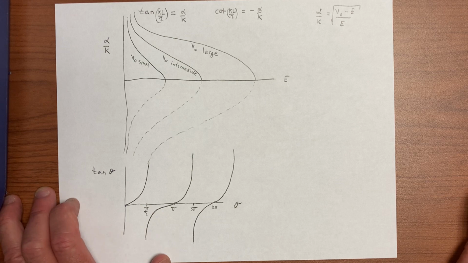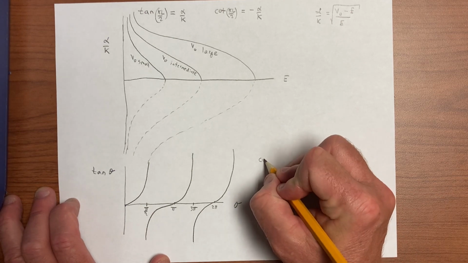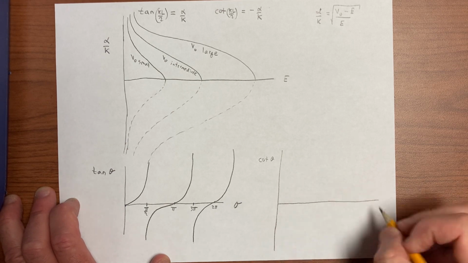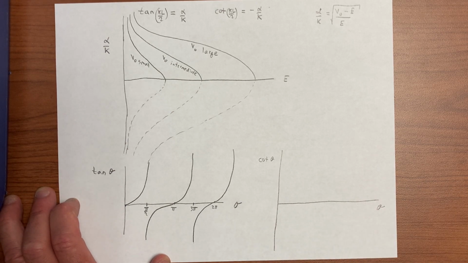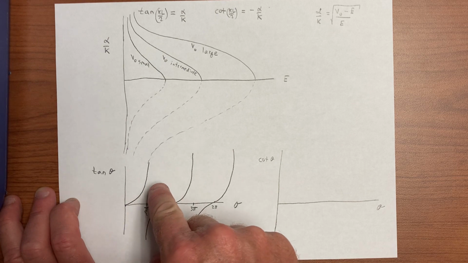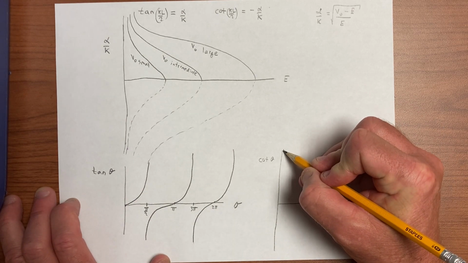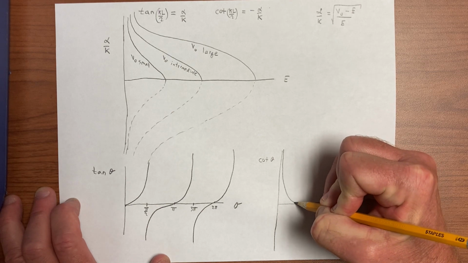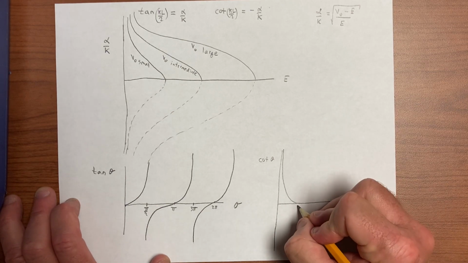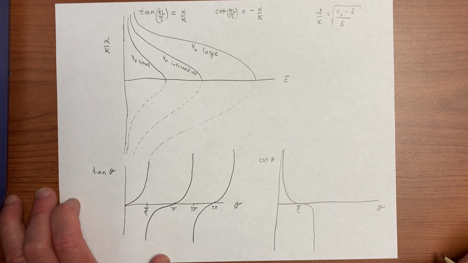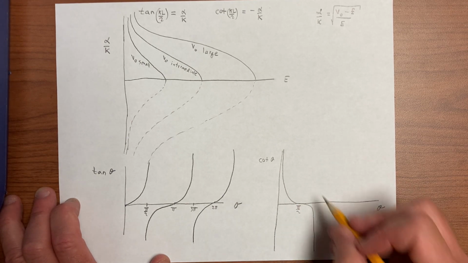And the cotangent of theta is just the inverse of this. So we are starting at infinity. We come down here at pi over 2, and then we come down to negative infinity. Not the best drawing there.